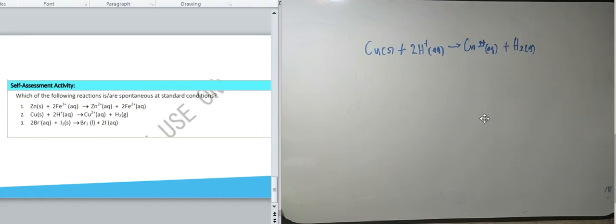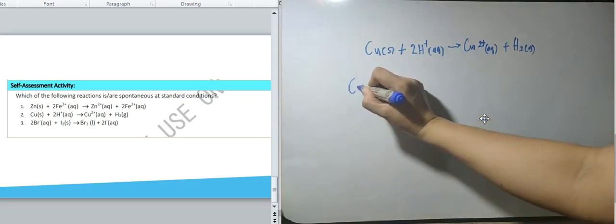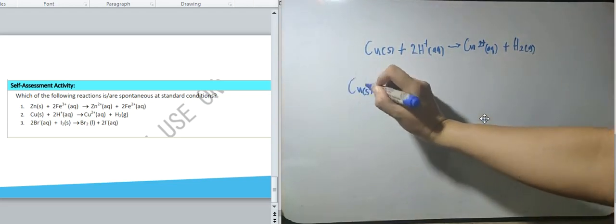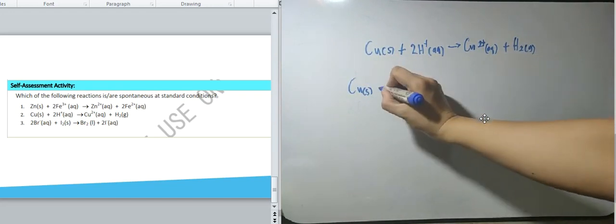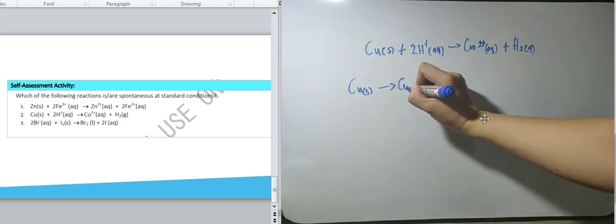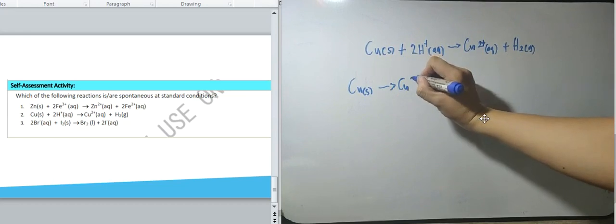Okay, so we have here exercise number 2. Copper solid plus 2 hydrogen ion will yield to copper 2 plus and hydrogen gas. So first, we need to split the reaction into two. Okay, so we have here Cu solid leads to Cu 2 plus.